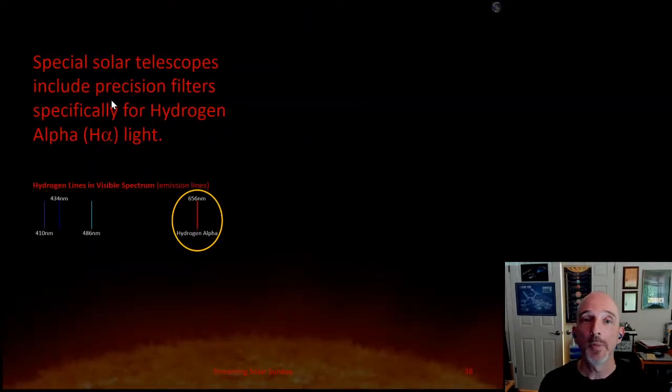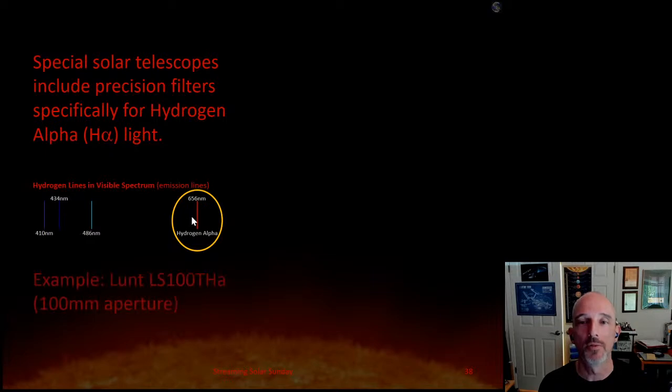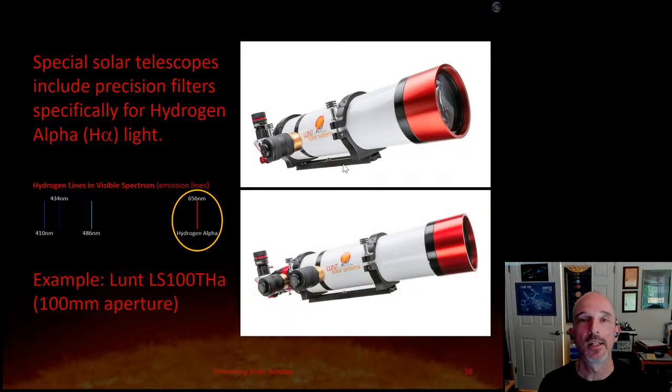So we have special solar telescopes that include precision filters that specifically isolate this hydrogen alpha light, right? The one that we mentioned before. And an example is this telescope right here. This was made by a company called Lunt, and it's called an LS100 because the opening here is a 100 millimeter aperture. So the light enters here, goes to the telescope, shoots out the other end, but along the light path is actually a different kind of filter than what I showed at the beginning.